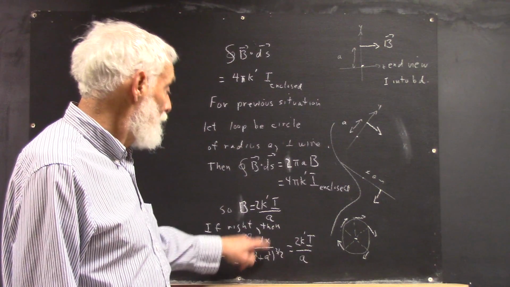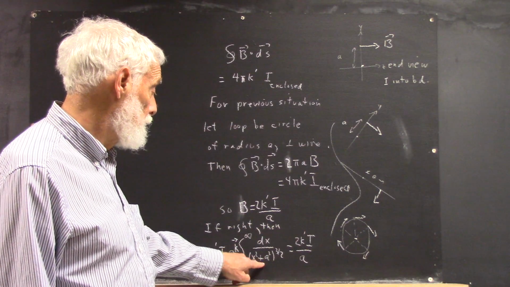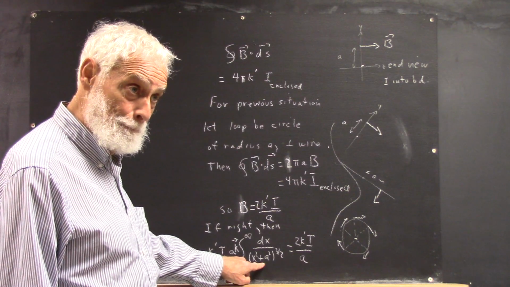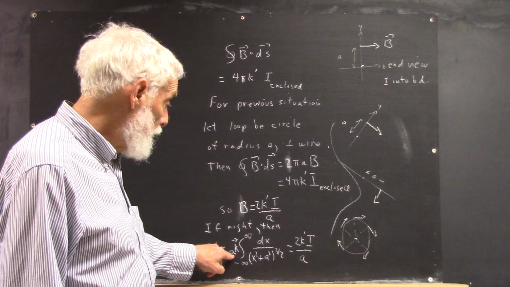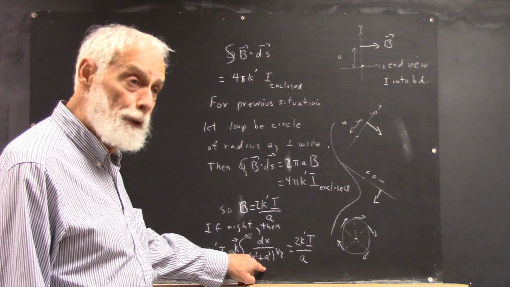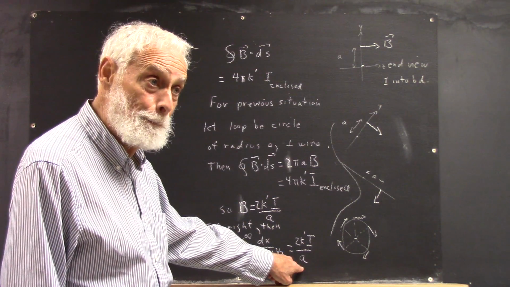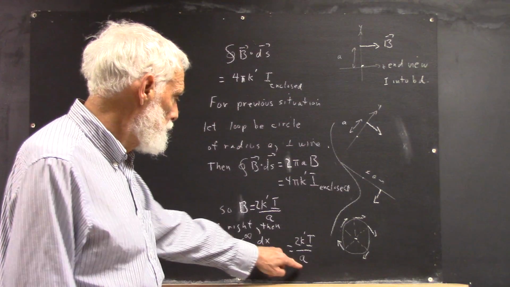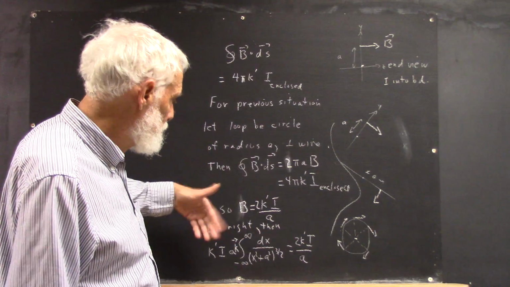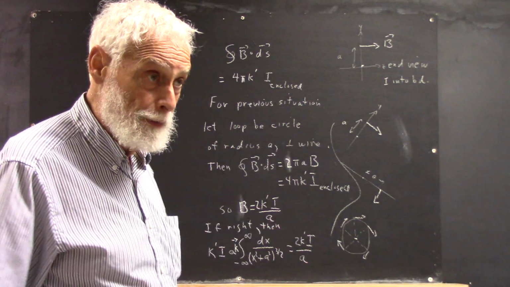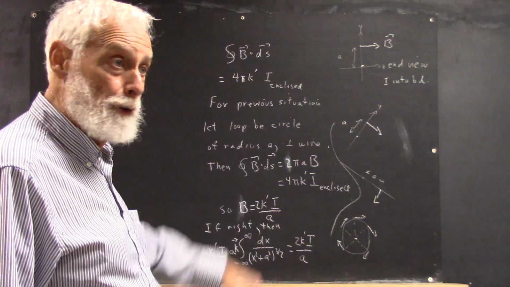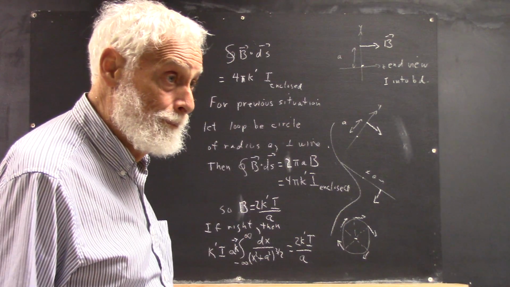So you expect that this integral will produce something with a reciprocal square of A. And you got an A here, and if you multiply an A by reciprocal square of A, you get a reciprocal A. So the reciprocal A makes perfect sense in terms of dimensional analysis and the way antiderivatives of power functions behave.